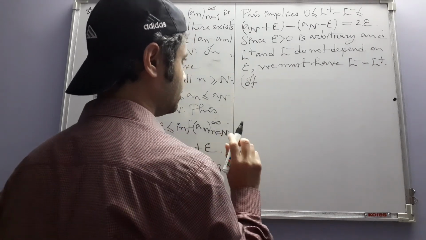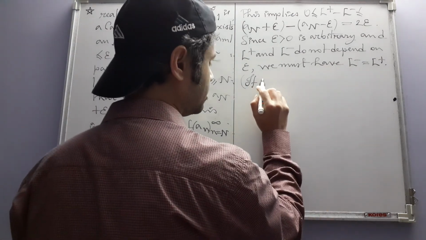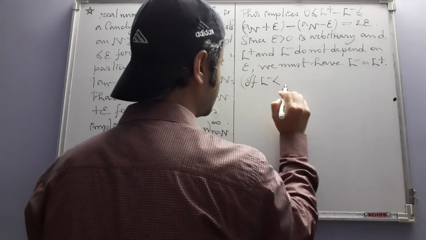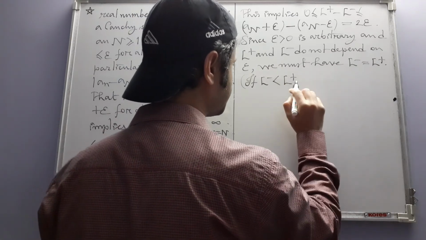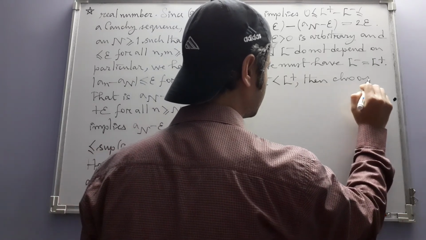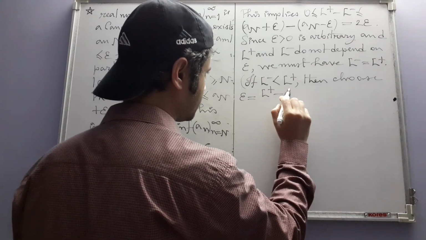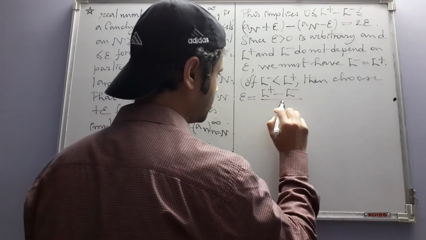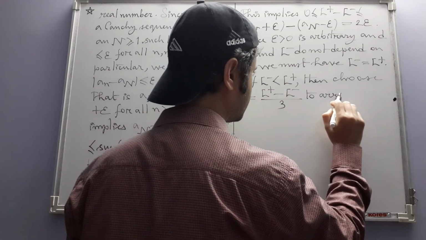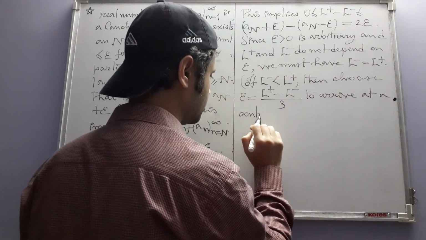If on the other hand you are finding this difficult to believe, then you would of course suppose that L minus is strictly less than L plus, then choose this particular epsilon, L plus minus L minus divided by 3, to arrive at a contradiction.